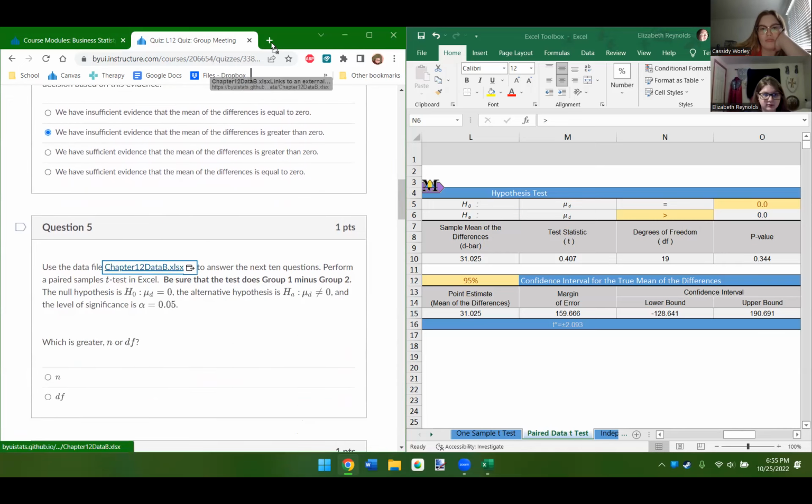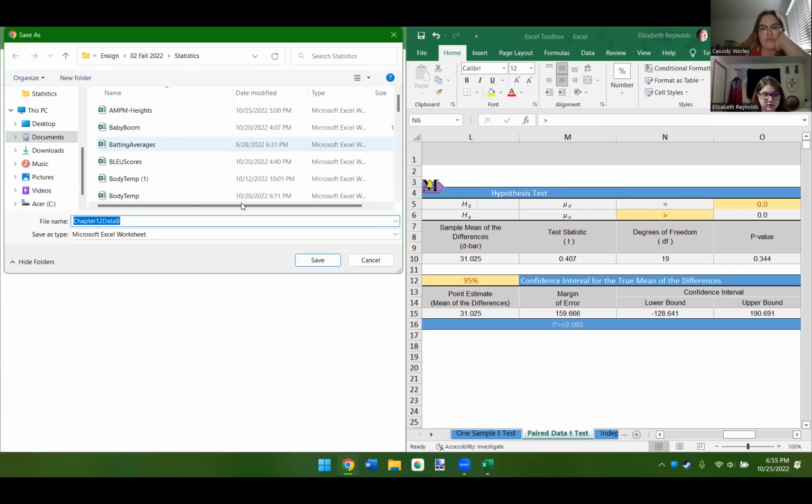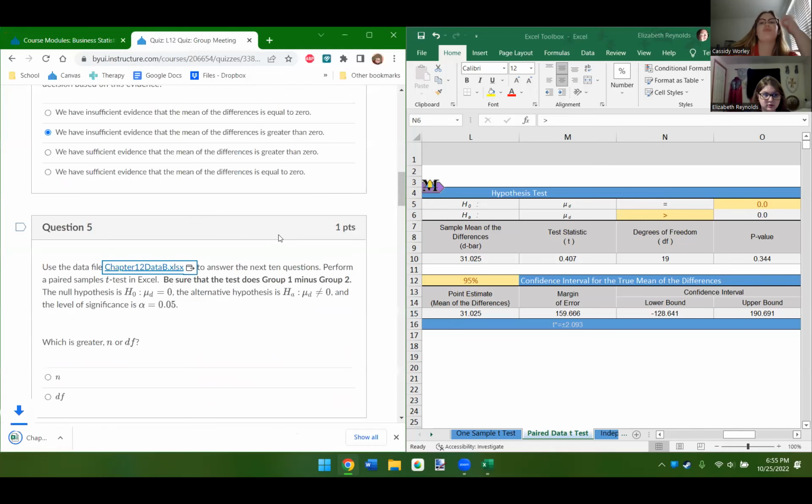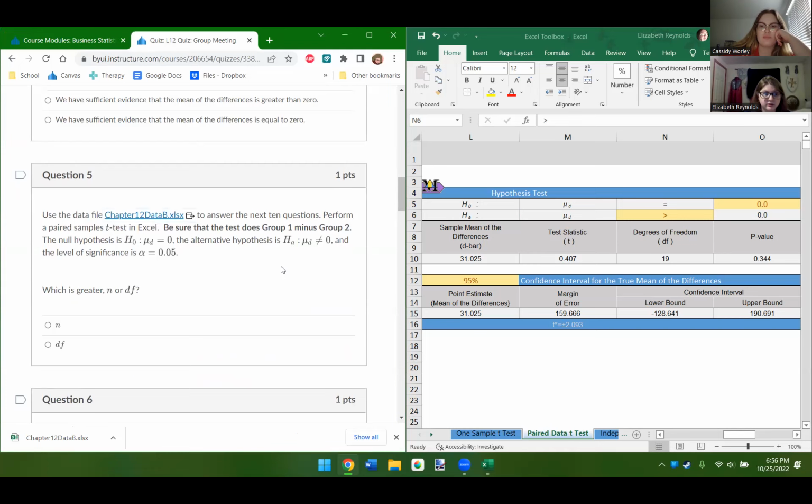I'm going to move over to question 5. Next 10 questions. So we need to do a paired sample t-test. And once again, group 1 minus group 2.